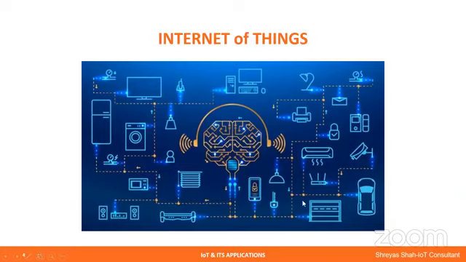These all things are connected to the internet using multiple technologies, protocols or frameworks in IoT. And this all can be driven by a single human being using a mobile phone or any applications.